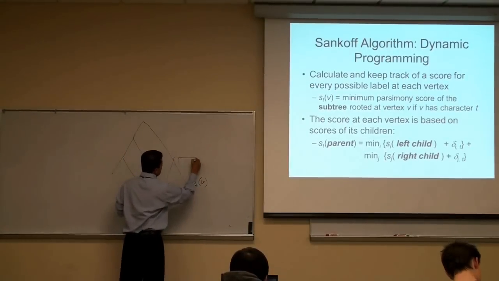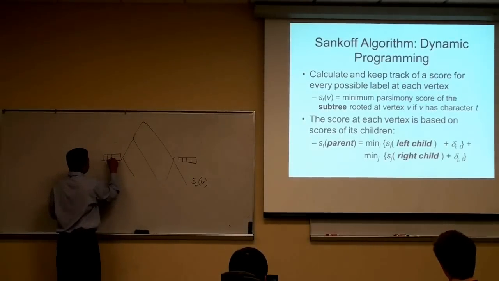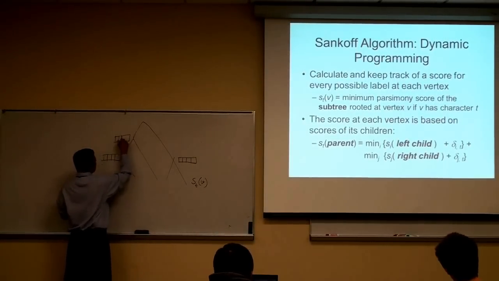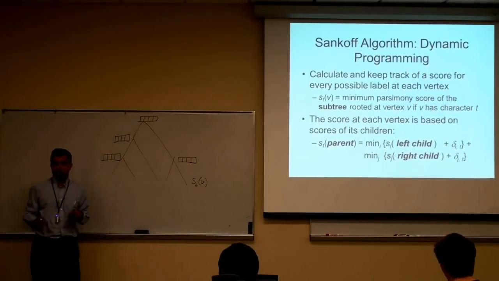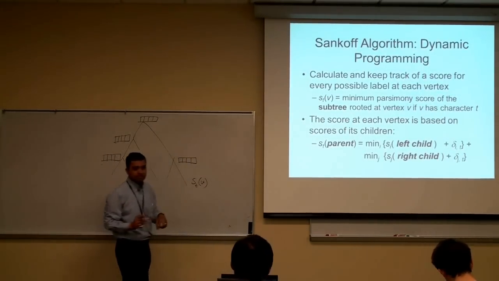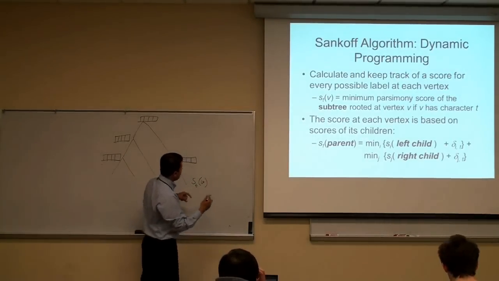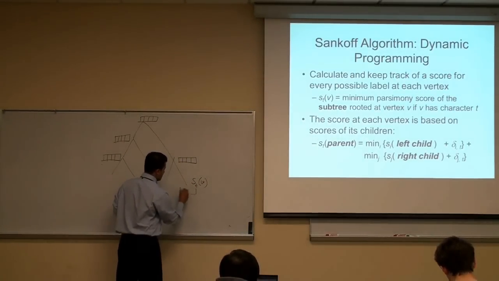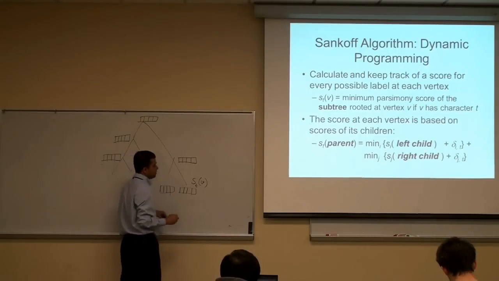There's going to be a table here, a table here, a table here. So these are the cells that you'll compute. All right? So there's going to be one table for every internal node V. In fact, I think in the algorithm we'll put such a table for the leaves as well. So there's going to be a table for every node V.